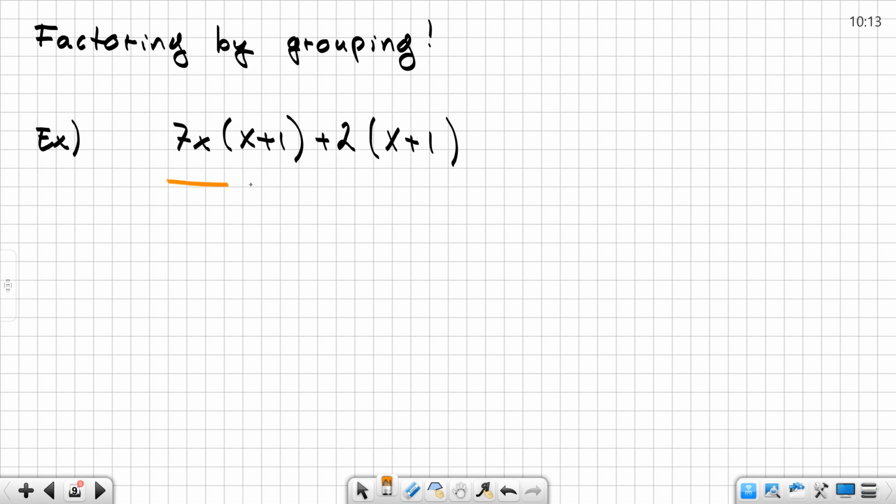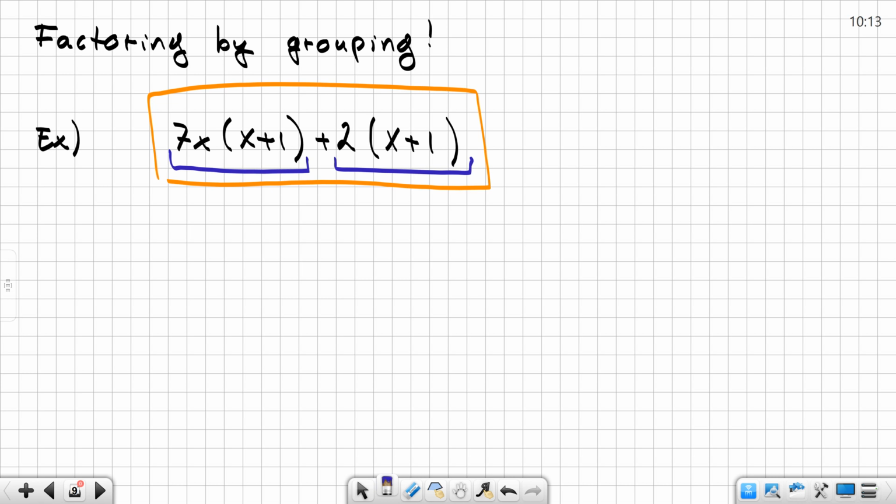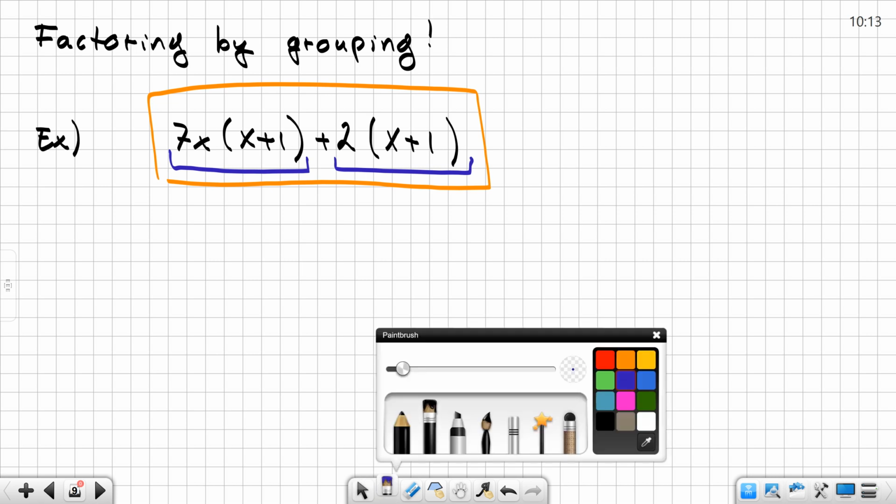If you look at this example right here, then we have two terms. We have this term, this is my first term, and then I have plus this term right here. Now, in these two terms, there is something that they have in common as a factor.